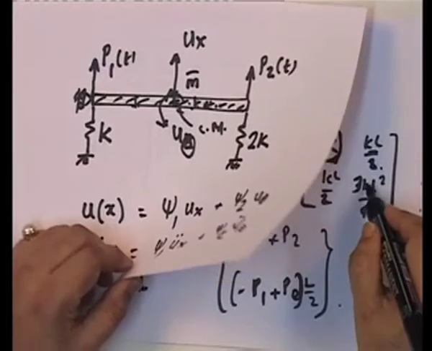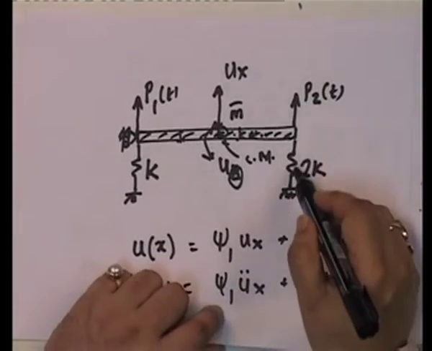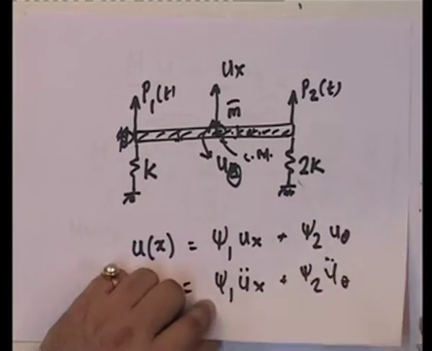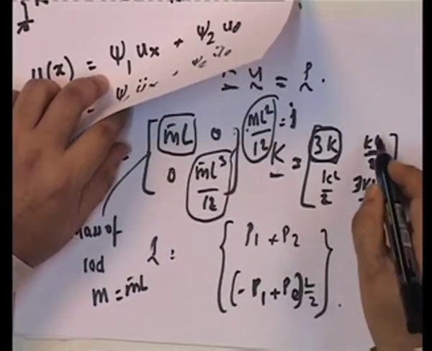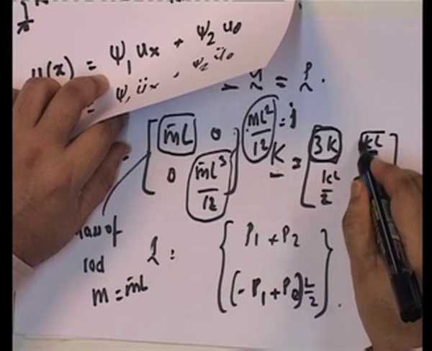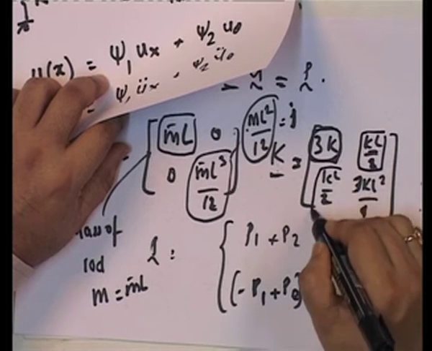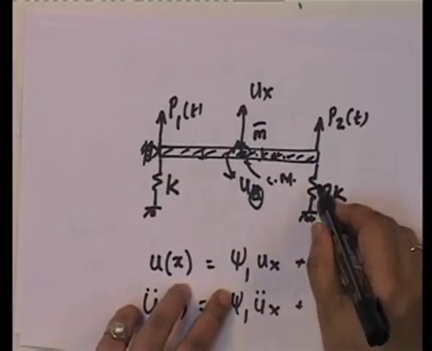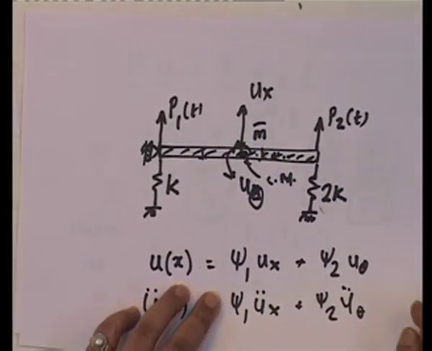That is what you get. And again, since this becomes 2k into L upon 2 plus k, this is like the rotational stiffness. So, this is the coupling term, and this is the rotational stiffness due to these two about the center of mass.